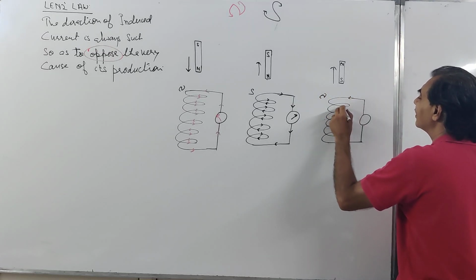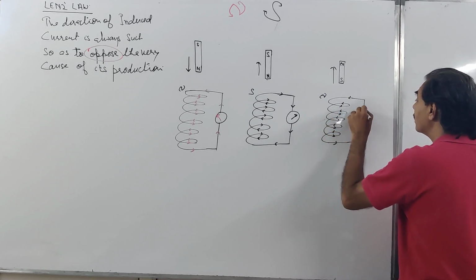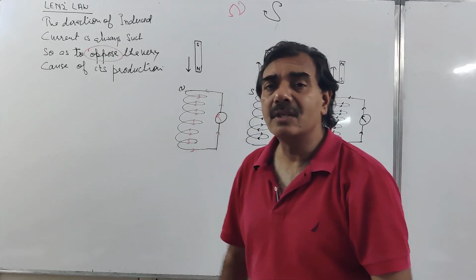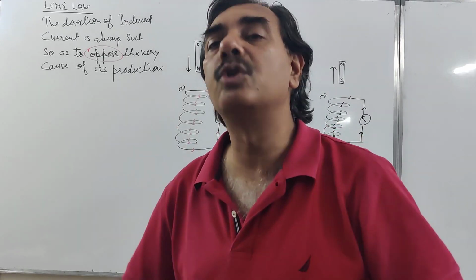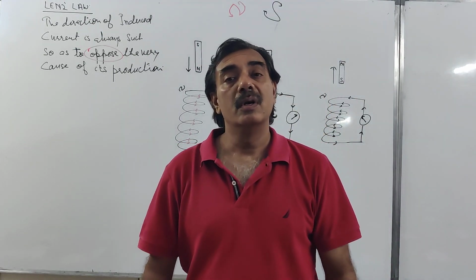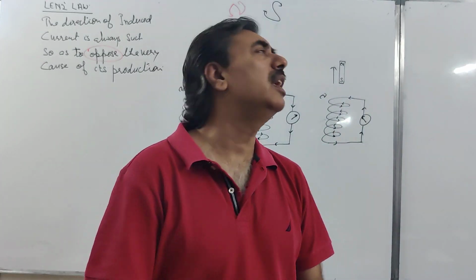The current will be anticlockwise. It is an induced current. The moment the magnet is stopped, there is no bamboo and no flute played. Because for an induced EMF, where is the EMF?